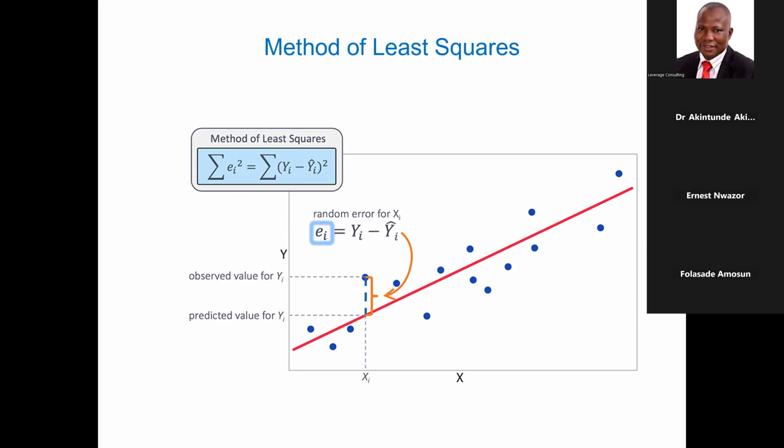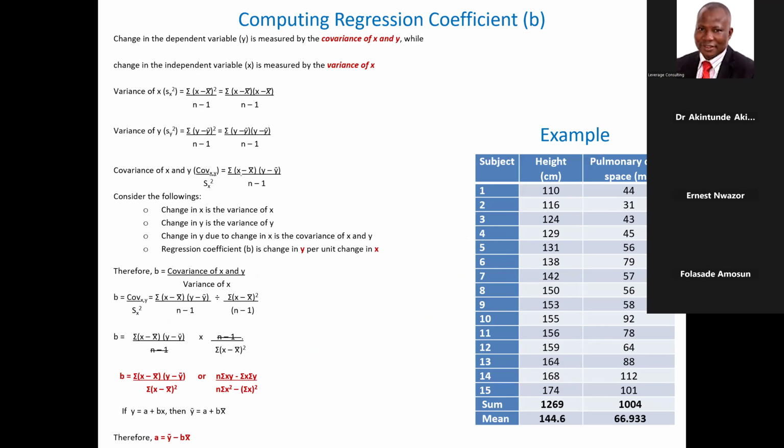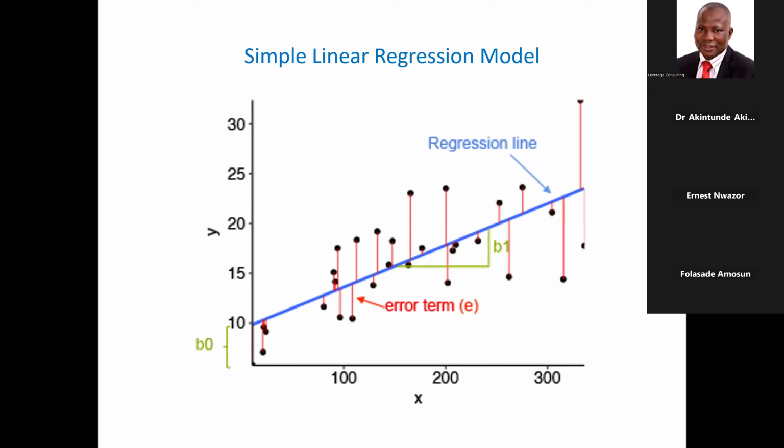The line of best fit, and the method to get it is what I've just said: squaring the distance between the line and each dot, adding it together, and taking the one that gives you the smallest. So the line of best fit is gotten by using the method of least squares, the least square.